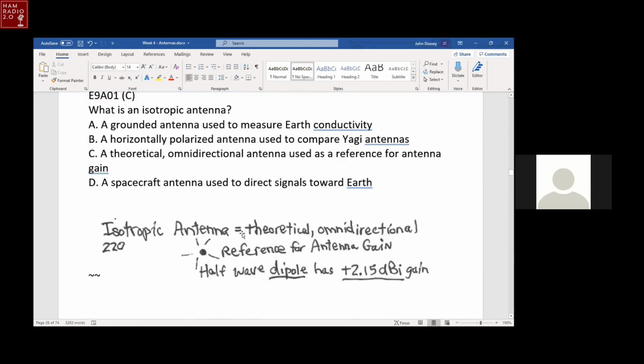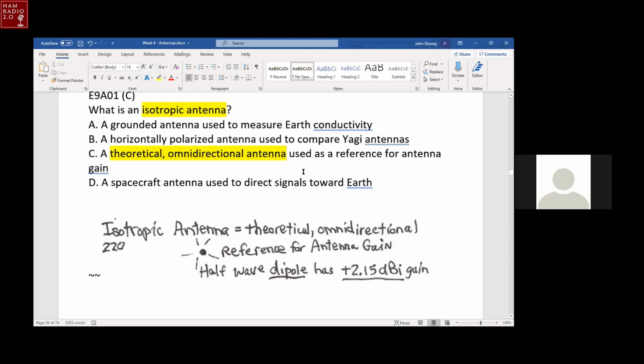Okay, now, a very interesting topic, isotropic antennas. An isotropic antenna is not a real antenna, contrary to some people's beliefs. It is a theoretical omnidirectional antenna that radiates equally in all directions around it. Up, down, sideways, north, south, east, west, into the air, into the earth.